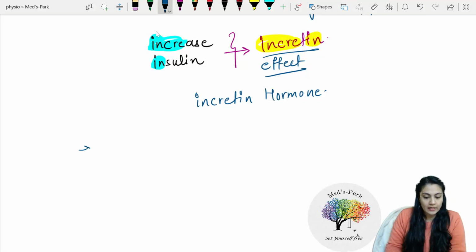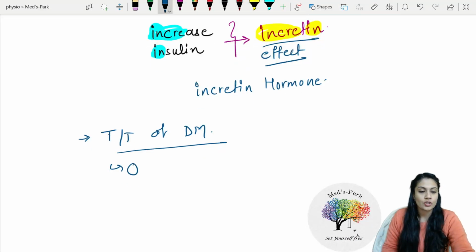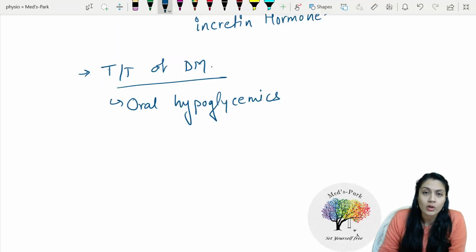Now there are other examples also, and this is used in treatment. Why are we reading so much about this? Because this is used in the treatment of diabetes mellitus. Why do we prepare oral hypoglycemics? First, it is easier to take, and it has no intervention per se.